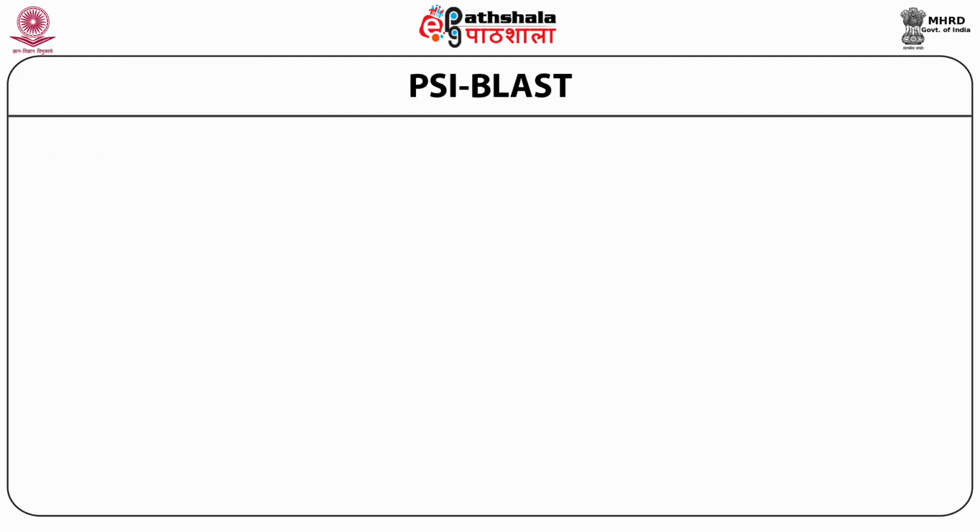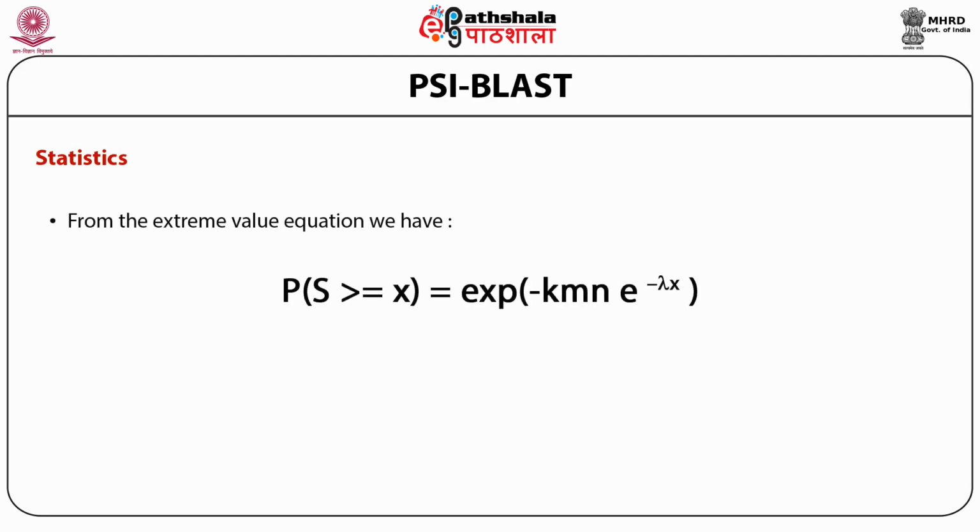To understand how the PSI-BLAST statistics are generated, we go back to the probability distribution of BLAST hits, which as we had seen before is given by the extreme value equation.